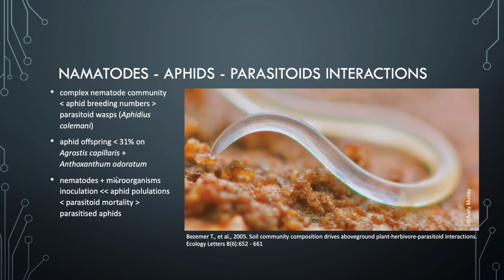So this basically shows the benefit of complex nematode community to plant health. So this is just another way of demonstrating the complexity of the ecological interactions that occur in soils and the necessity for biodiversity of soil organisms that are then translated into above ground plant biomass or plant health and the plant-animal interactions.